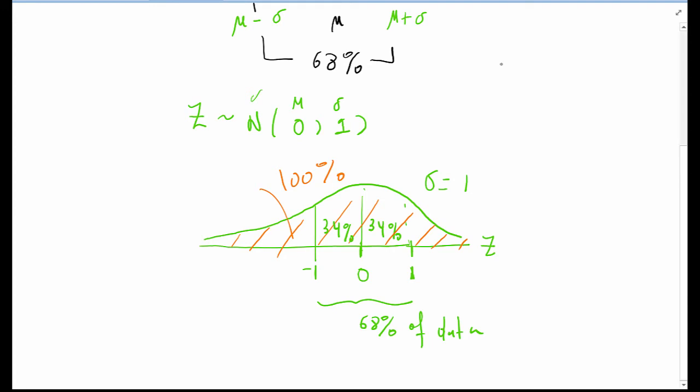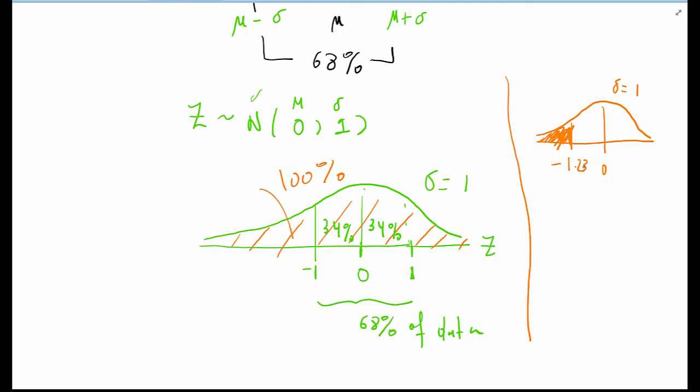Now, the question is, if we have this standard normal data set, so the mean is 0 and the standard deviation is 1, and we want to know what percent of the data is in this tail right here, corresponding to a z-value of, let's say, negative 1.23. Let me explain that in more detail.